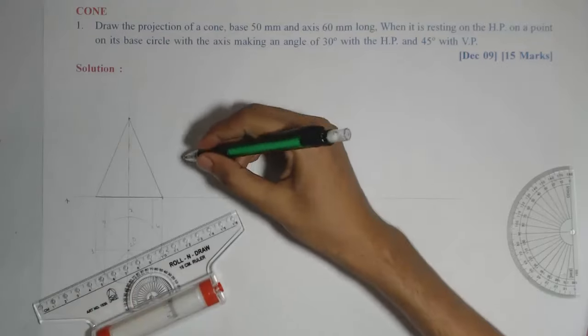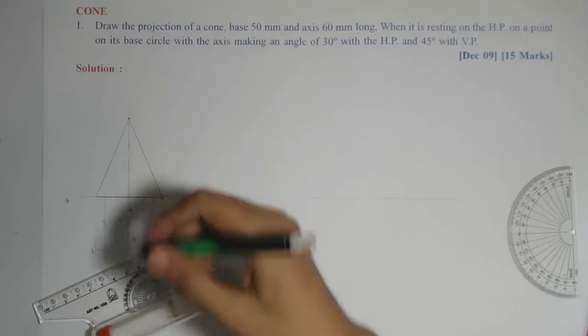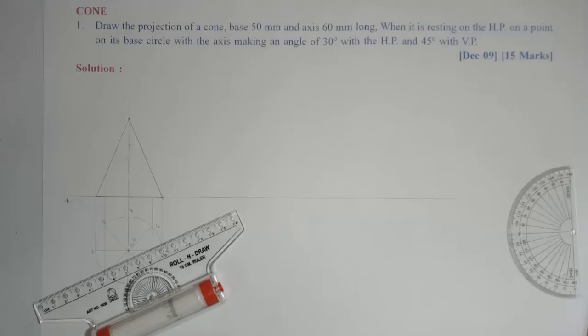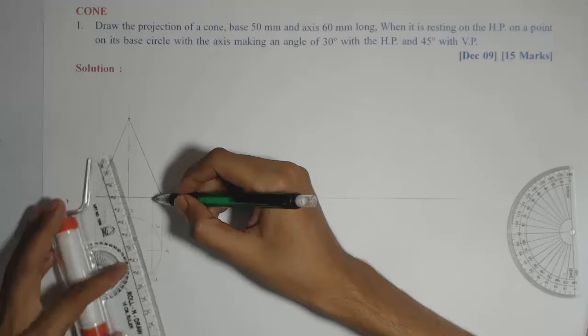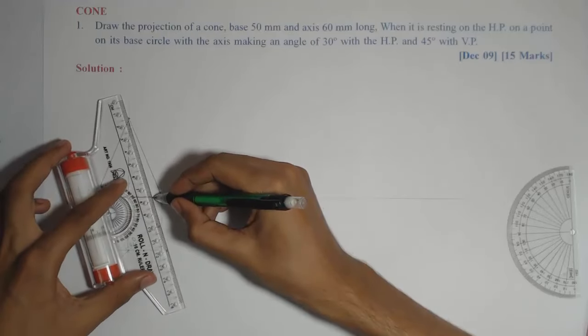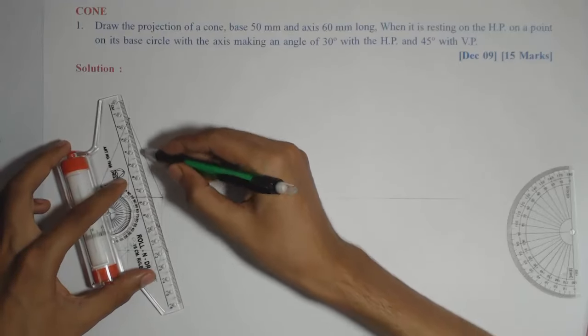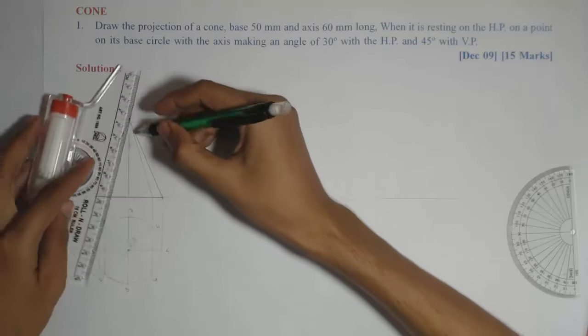Now as in the case of the pyramid, there will be no slant edges in between because it is a curved surface. So we have marked some more divisions on the circle, so those will give me imaginary generators as in the case of the cylinder. Those lines should be light lines.